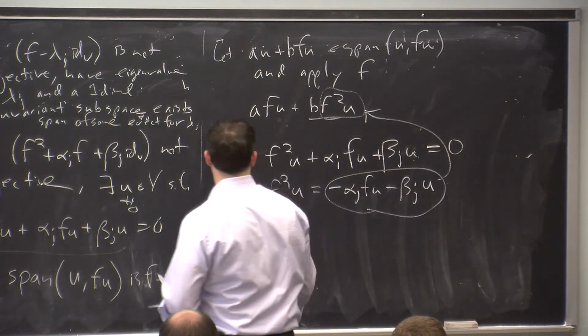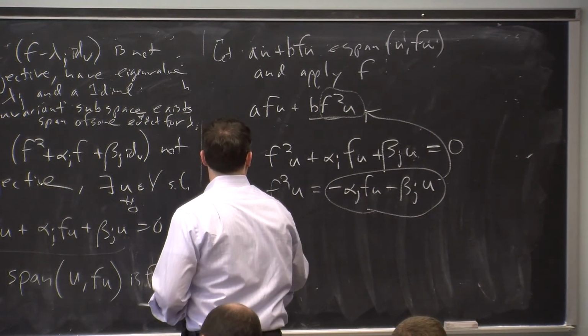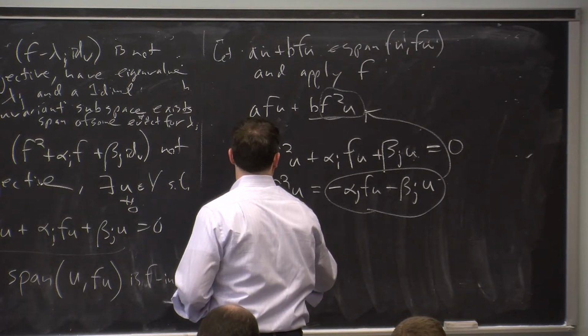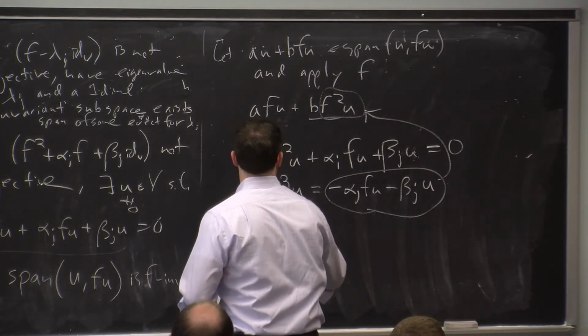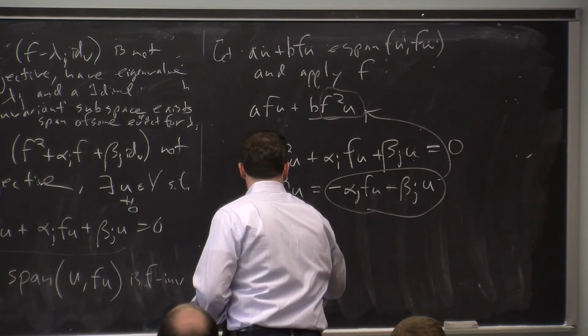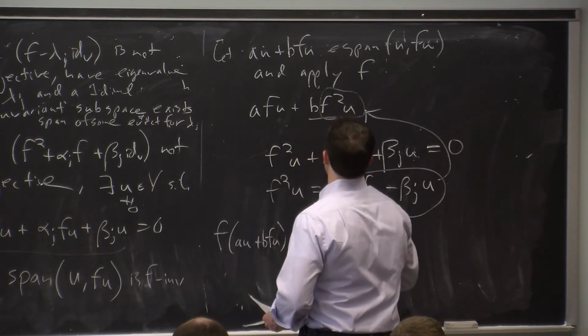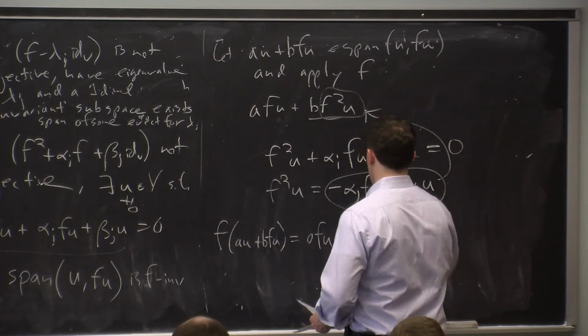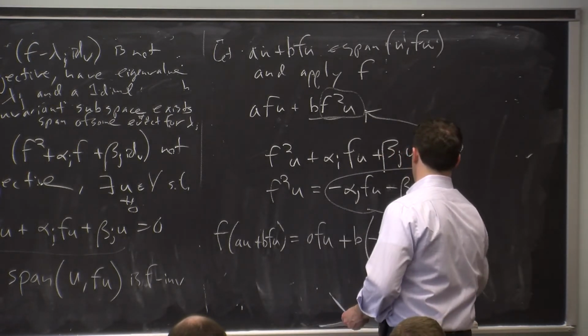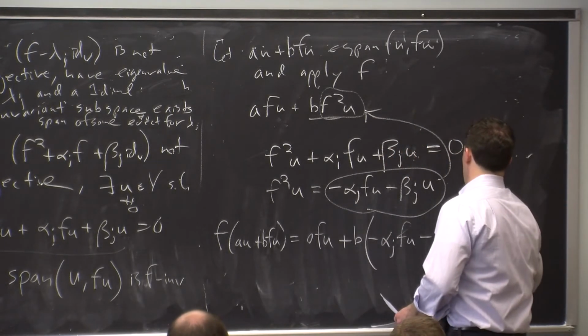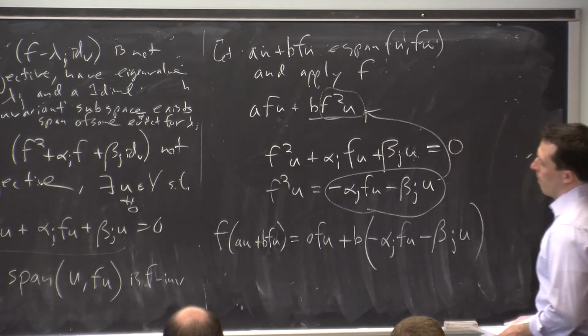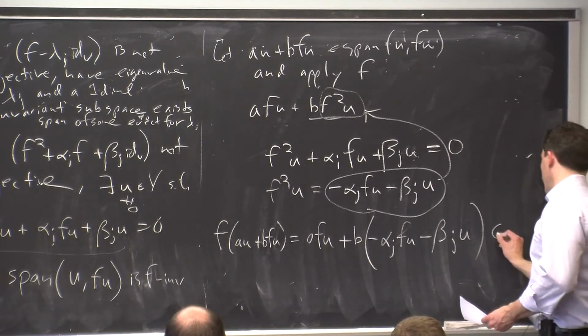So f of au plus bfu equals afu plus b, and then this expression, minus alpha j fu minus beta j u, which is manifestly in this span.